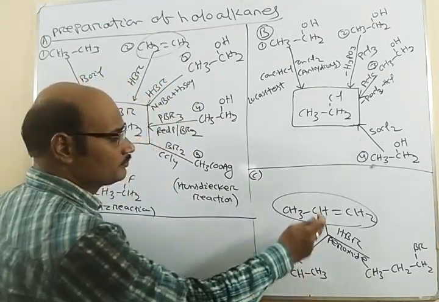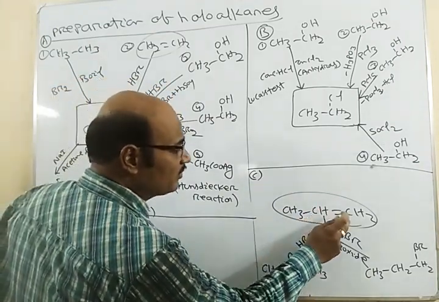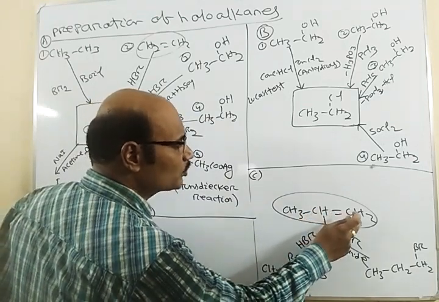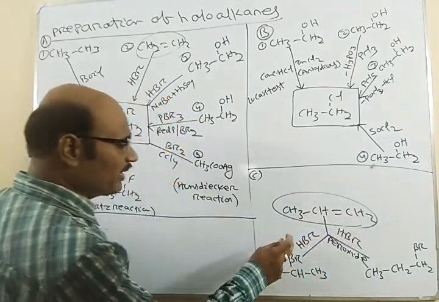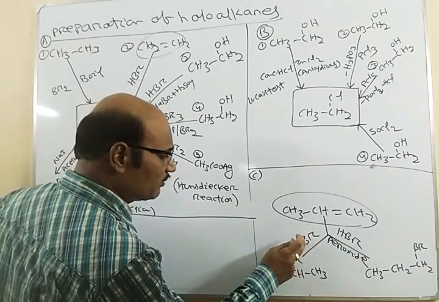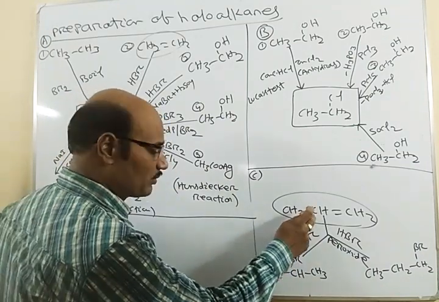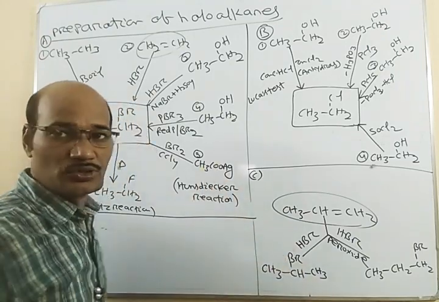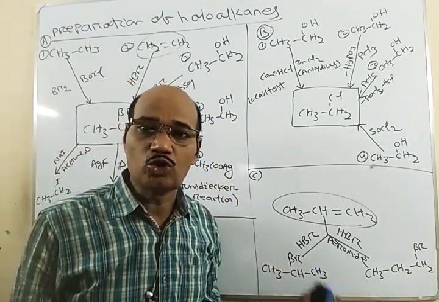So here, this carbon of the double bond has 1 H, this carbon has 2 H. So when I add HBr, the bromine atom will be attached to this carbon. I will get CH3CHBrCH3. So here I will apply Markovnikov's rule.